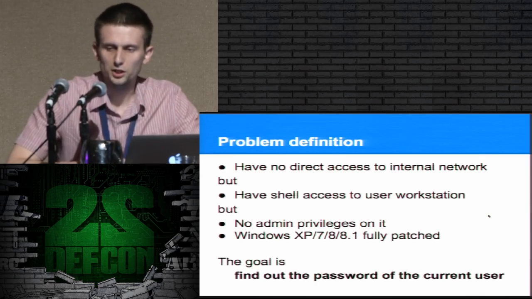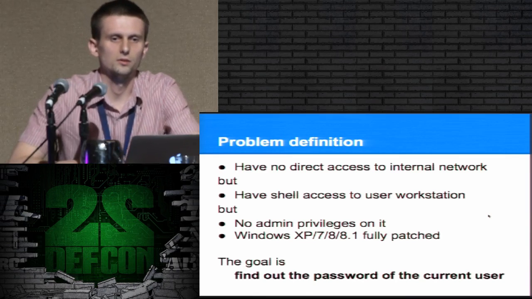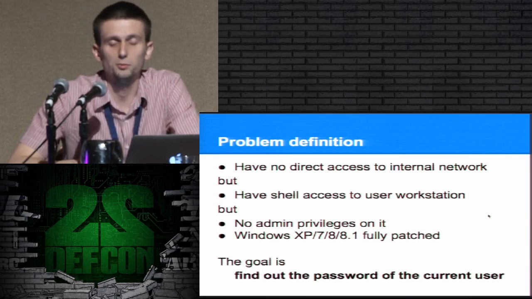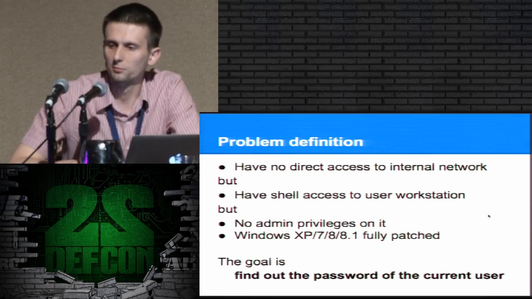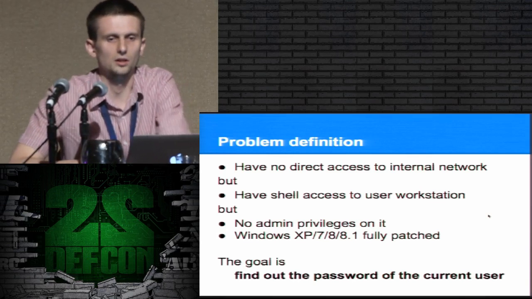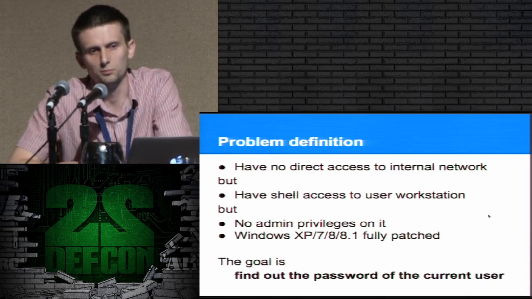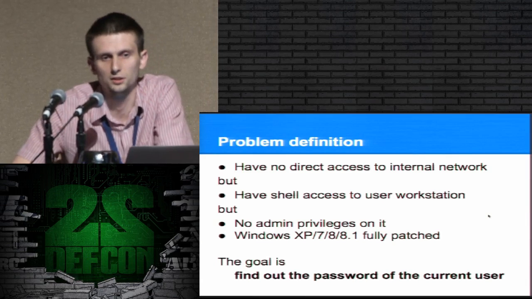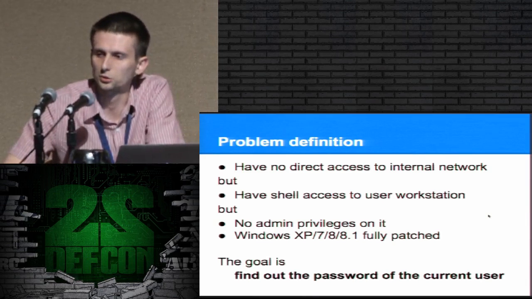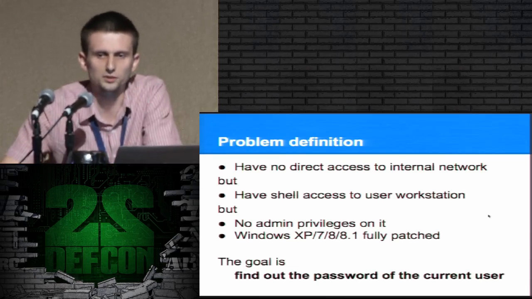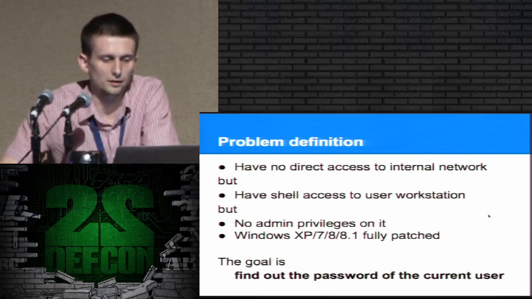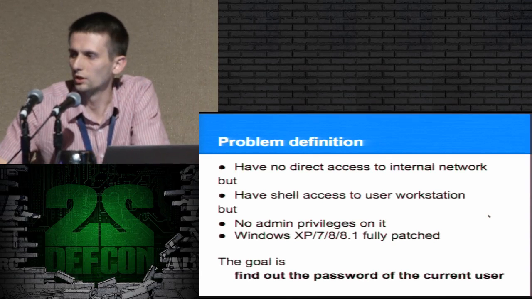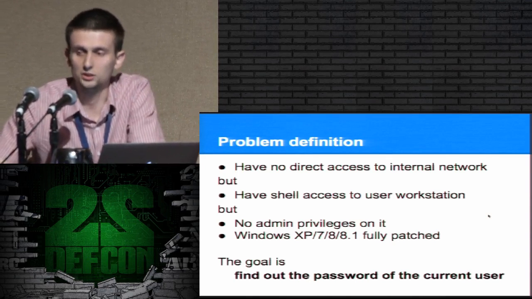Let's imagine a situation where we exploited some vulnerability in client-side software, for example, a browser or, I don't know, Flash player, or maybe the user just downloaded and executed our payload from the internet, and there is no access to the internet from his computer.